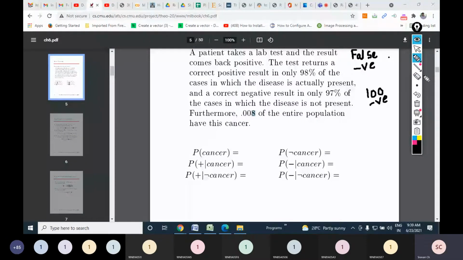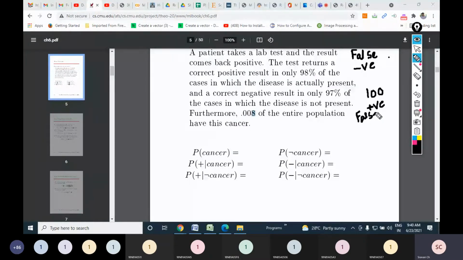For 97% of the people the report is correct, meaning it says negative, but for 3% of people it gives positive, meaning they don't have cancer but it still says they have cancer. So that positive is also not correct. This is called a false positive.